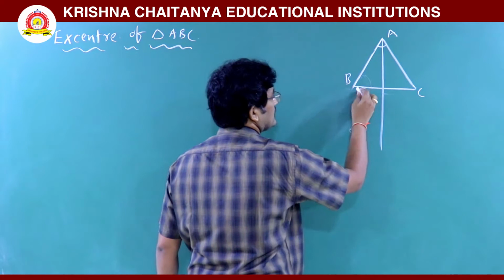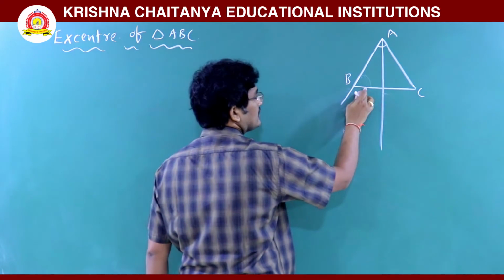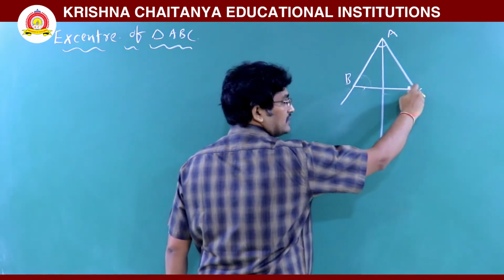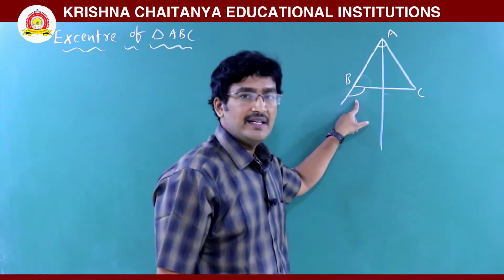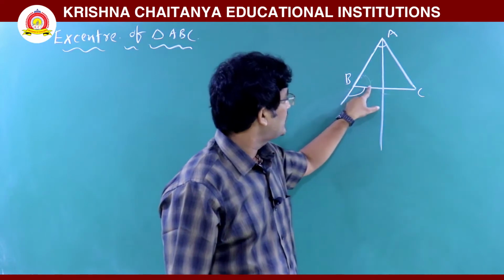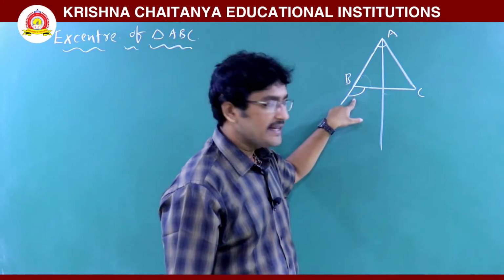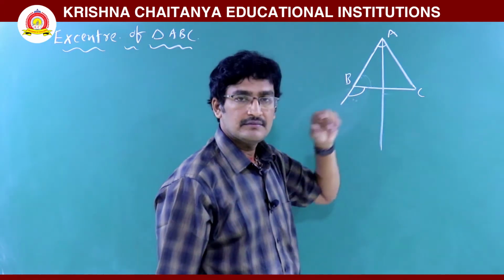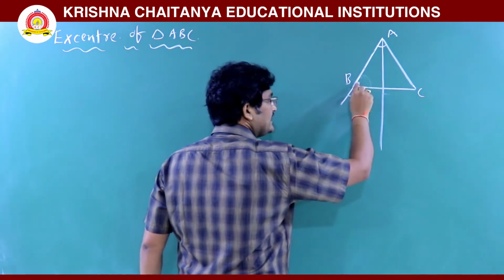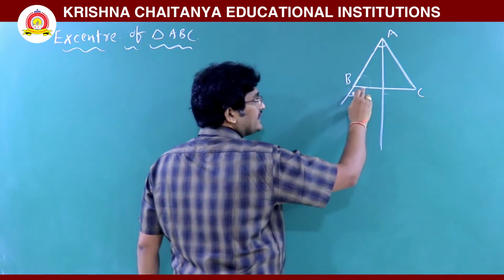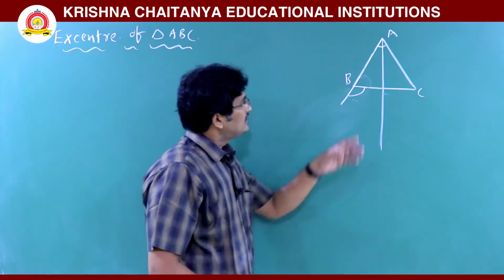Let me extend this line. This is one more side. This is also angle B between the same two lines, but it is outside of the triangle, so it is the external angle between the same sides.